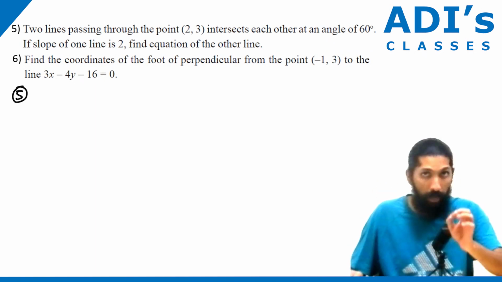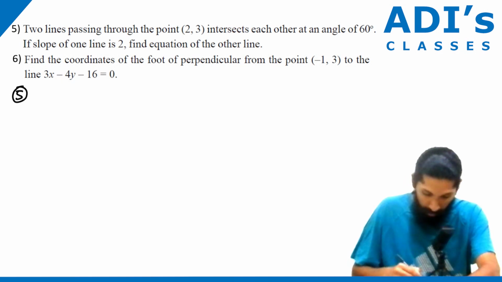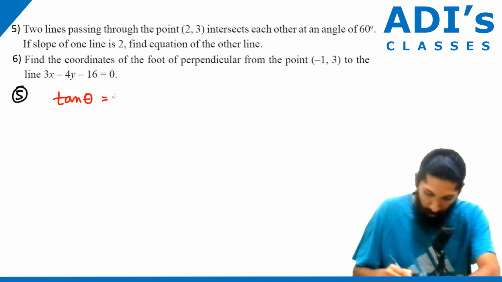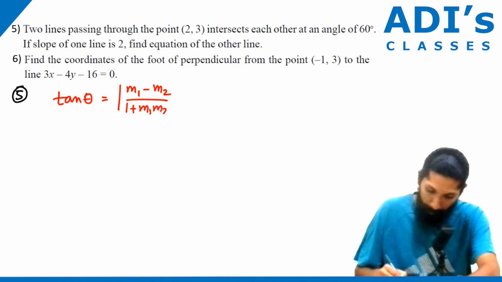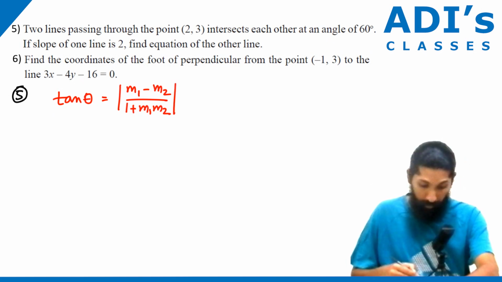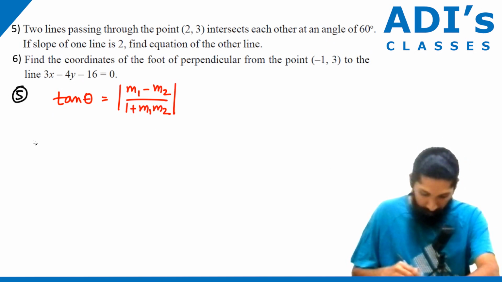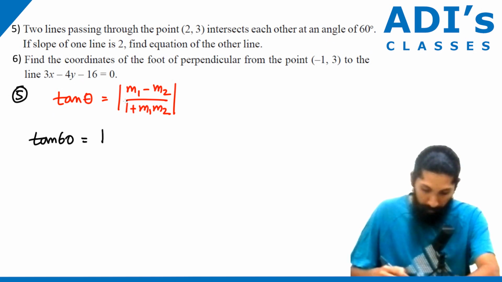First formula, angle, okay, tan theta is equal to mod of (m1 minus m2) divided by (1 plus m1 m2), correct? Now here tan 60 is equal to mod of m1 minus m2.